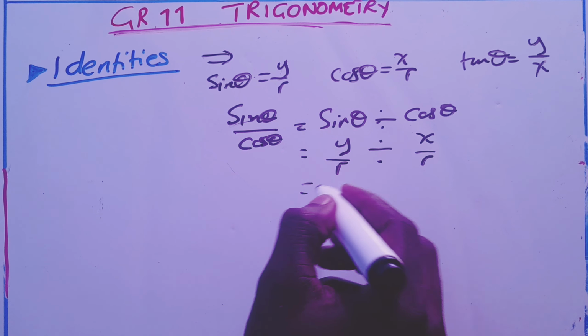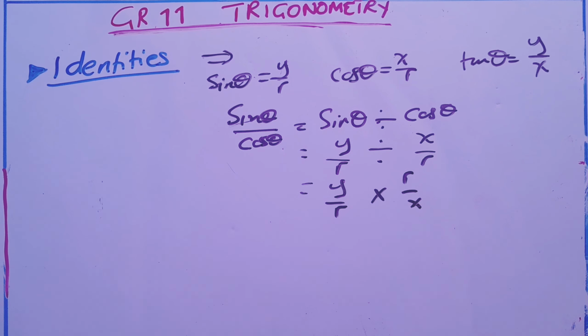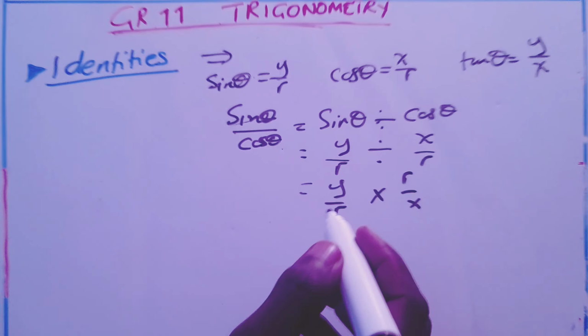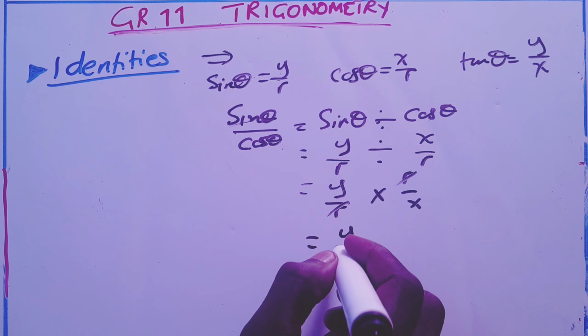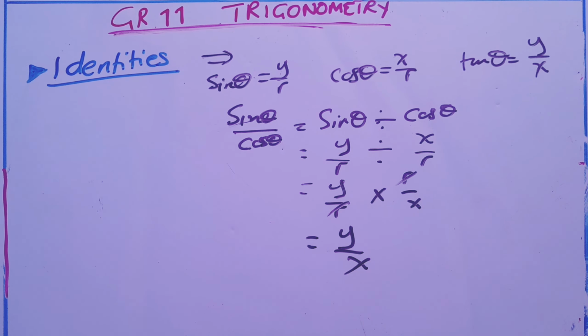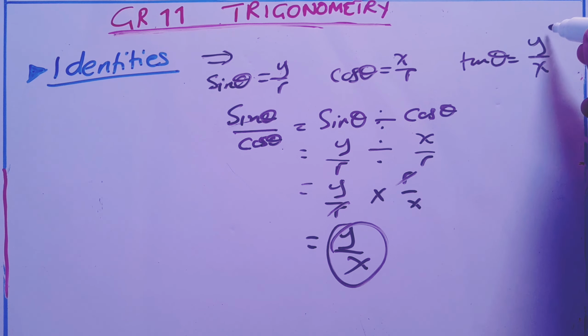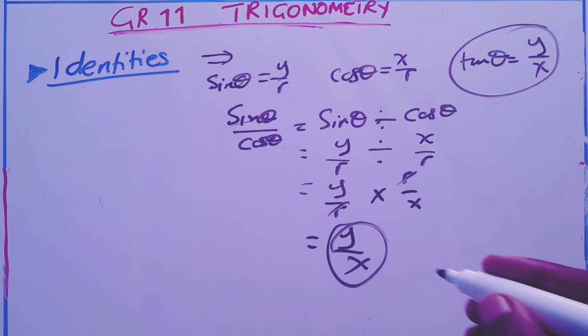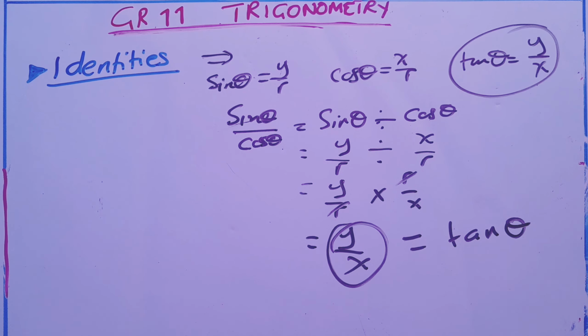Mathematically, this is the same as y over r multiplied by r over x. The r can cancel out, and we are left with y over x, which is the same as tan of theta.